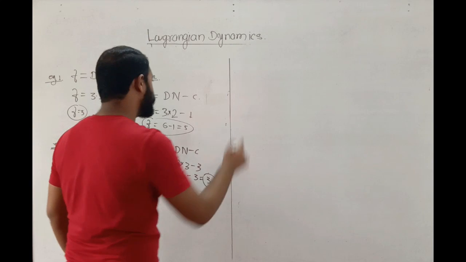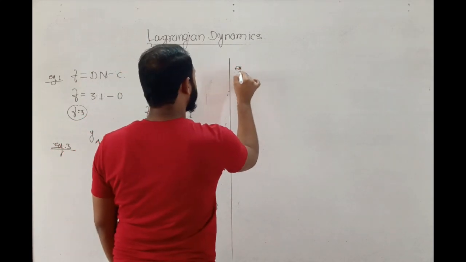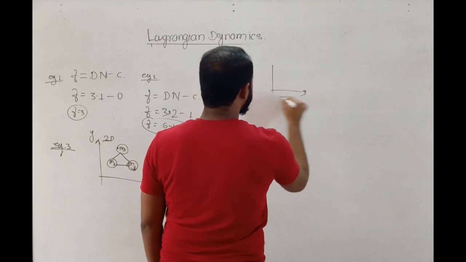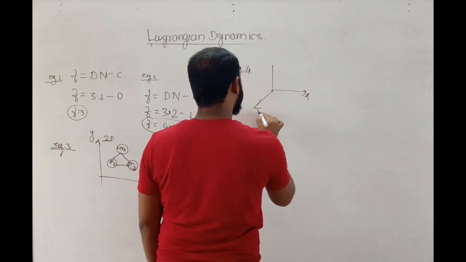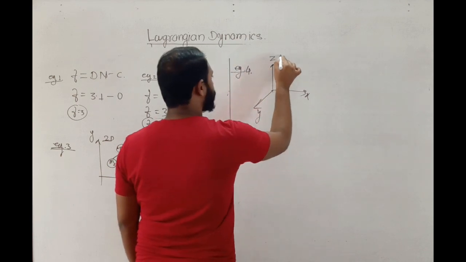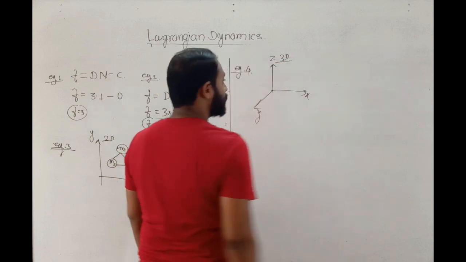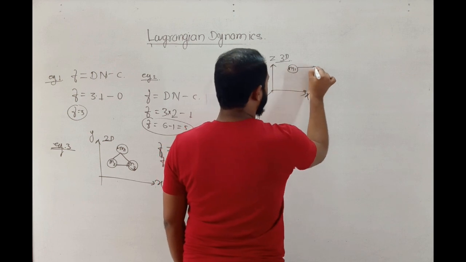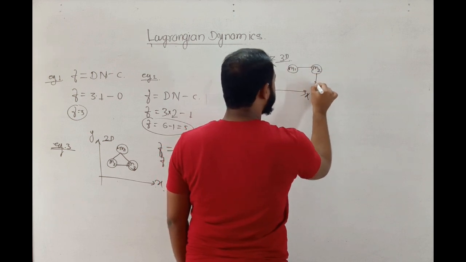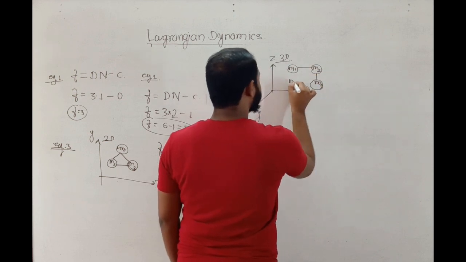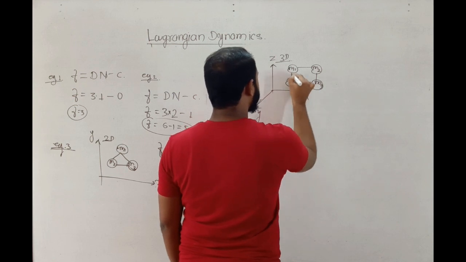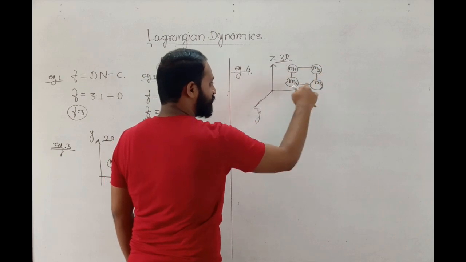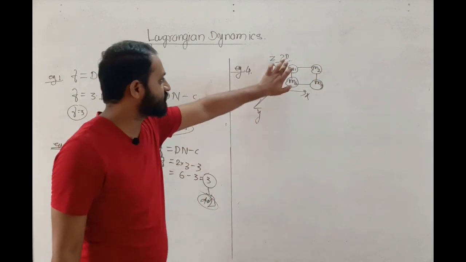Now see example number 4. I am considering a 3-dimensional space, x, y and z. Now I am considering a system m1, m2, m3, m4. These are the constraints. Constraints are how many? 1, 2, 3, 4, and dimension is 3.